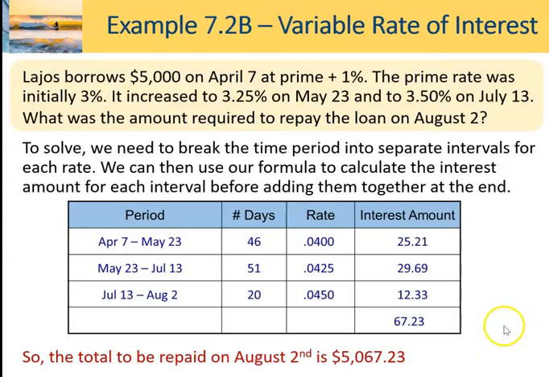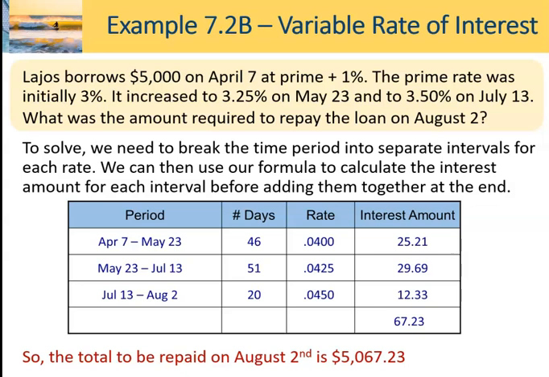So when we're calculating something based on a variable rate, let's have a look at this one. Lejos borrows $5,000 on April 7th at prime plus 1%. The prime rate was initially 3%.